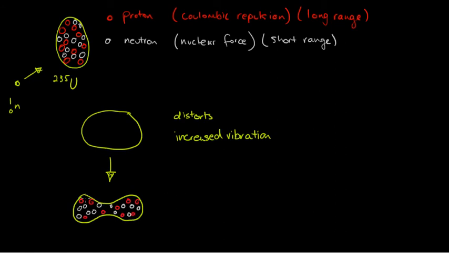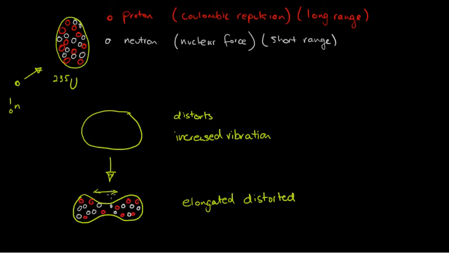But of course, by elongating the nucleus, and I'll just state that there, elongated, distorted nucleus, that short-range nuclear force that binds the nucleons together, and in fact binds the protons and the neutrons together, this distance here gets larger.